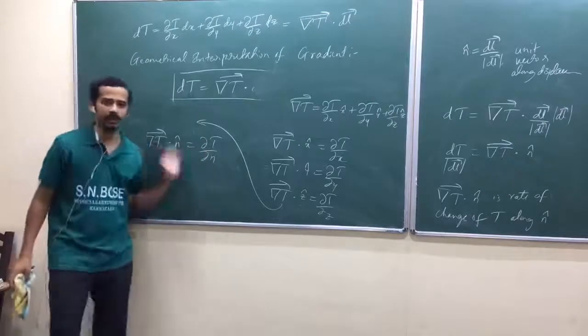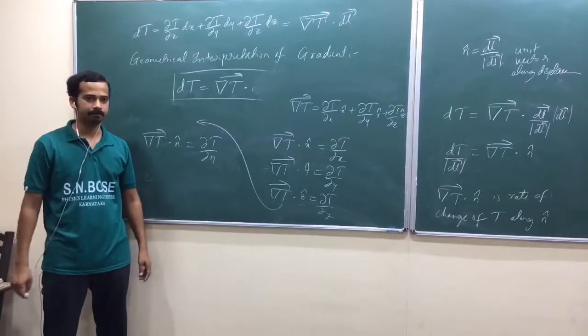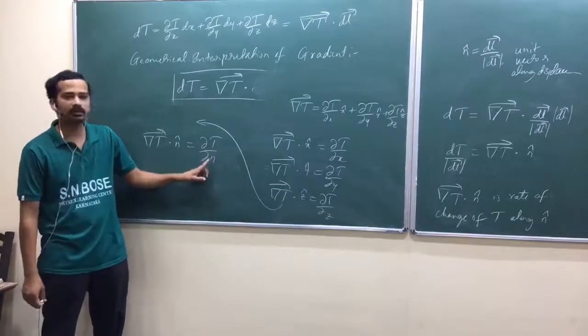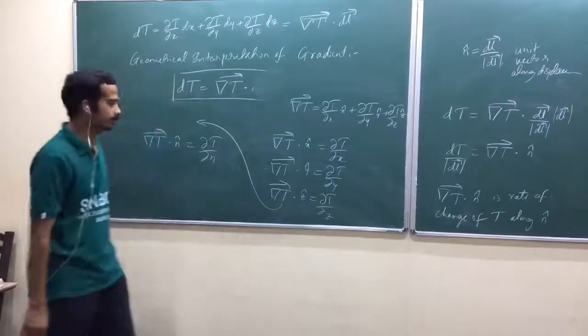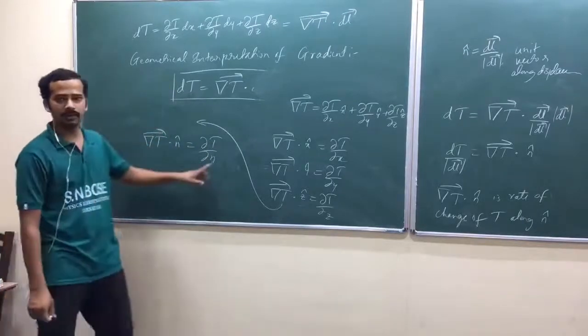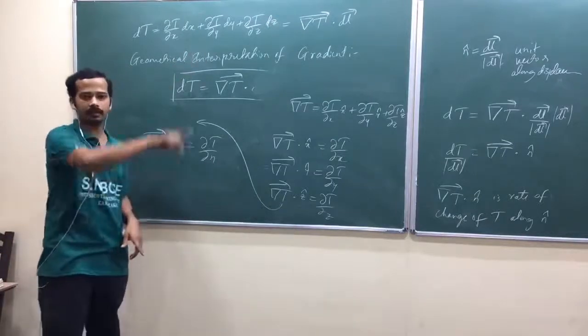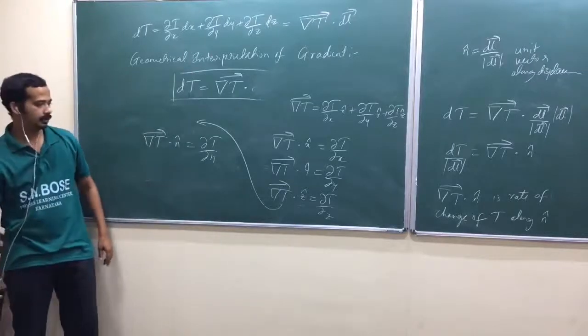N is the variable along n cap direction, define in your way. Earlier I have written mod dl or something here. Is that okay? Dou t by dou n, where n is the variable along n cap direction. You can define in your way. Isn't it?